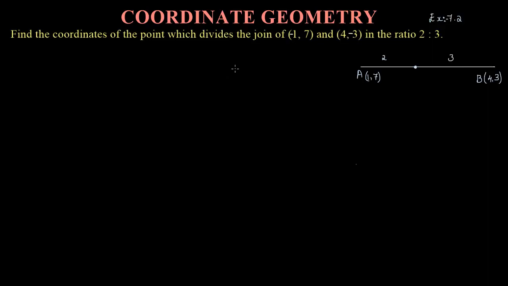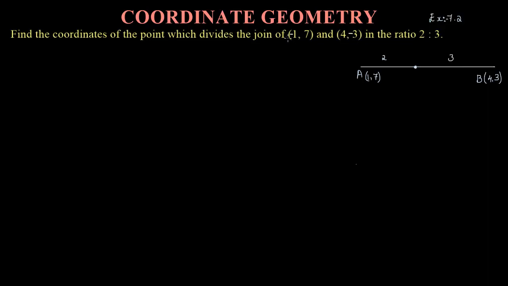In this video, I am going to discuss with you a topic of section formula. We will solve a problem on a section formula. This is the first question of exercise 7.2 from the chapter Coordinate Geometry of NCERT Mathematics textbook. The question says, find the coordinates of the point which divides the join of these 2 points in the ratio 2:3.